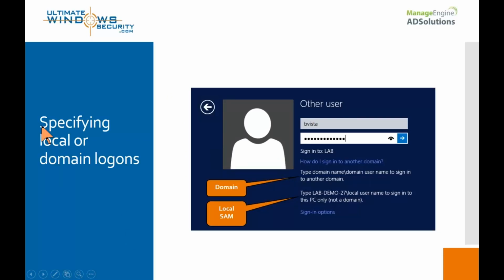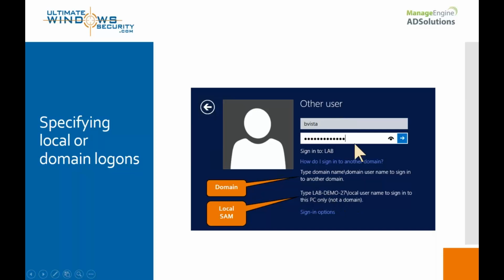How do you specify whether you're logging on with a local or domain account? Well, right here, for instance, in the latest version of Windows, you don't get that drop-down box of different domains anymore. The default here is the lab domain. If you're logging on to a different domain than the default, you have to prefix it with your domain name. Or if you want to log on to the local computer, nowadays you have to prefix that with your local computer name.